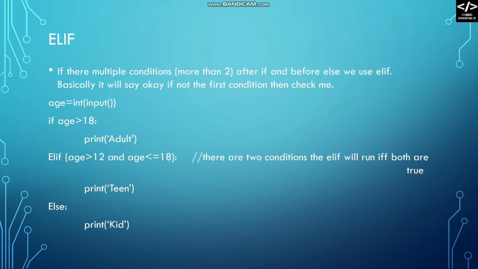And if that is also false, then at last the control will go to the else. Here's another example. If the age is greater than 18, then print adult. Elif the age is greater than 12 and less than or equal to 18, print teen, and else print kid.